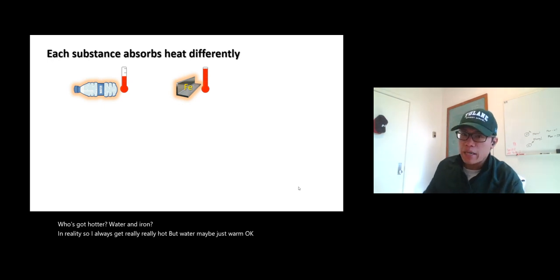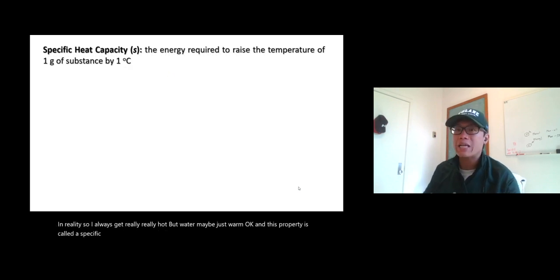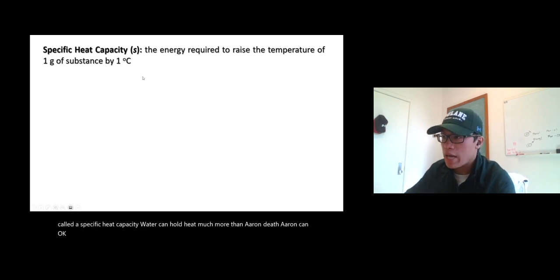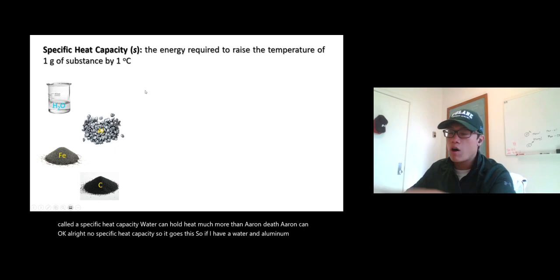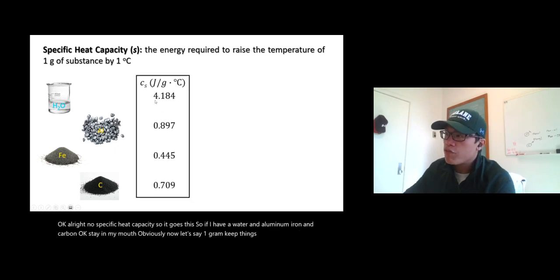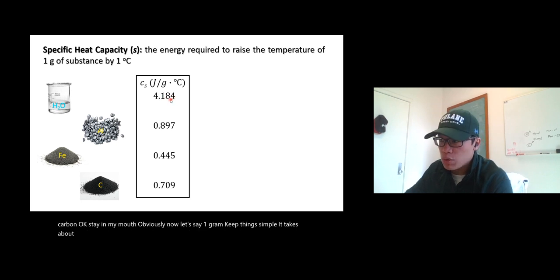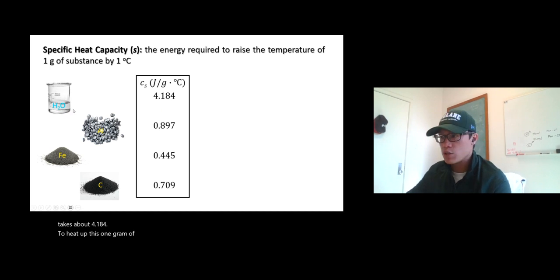This property is called specific heat capacity. Water can hold much more heat than iron does. So if I have water, aluminum, iron, and carbon, all the same amount, let's say 1 gram, keep things simple. It takes about 4.184 joules to heat up 1 gram of water so the temperature goes up 1 degree.